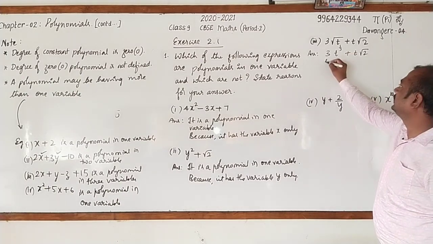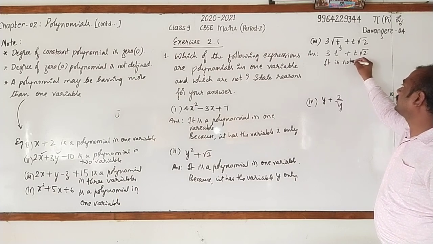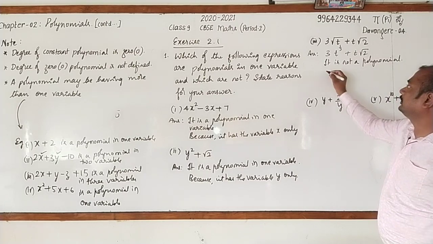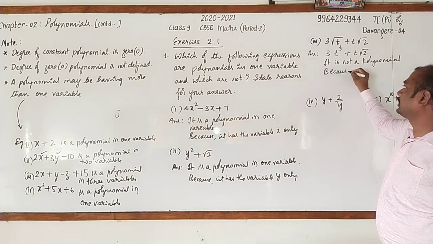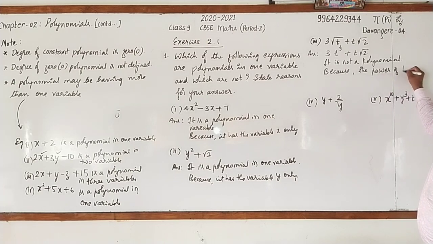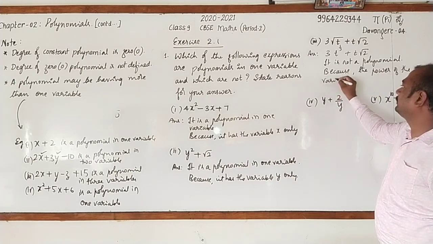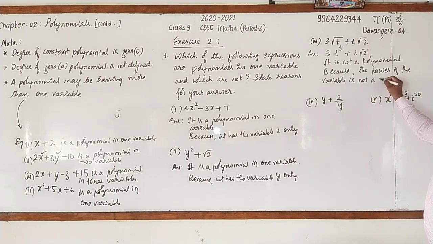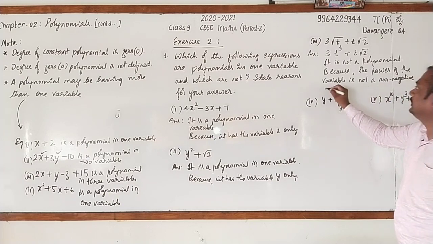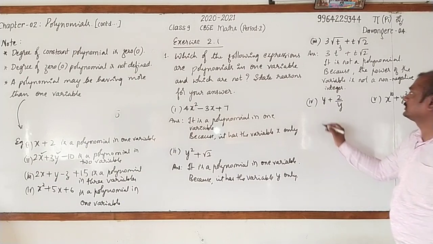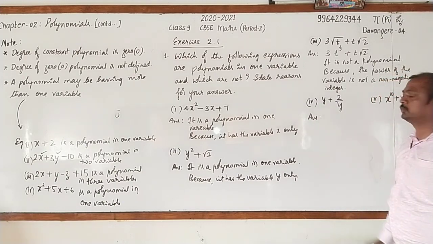Here I write: not a polynomial because the power of the variable is not a non-negative integer. Clear? Yes. Now let's move on to the fourth one.